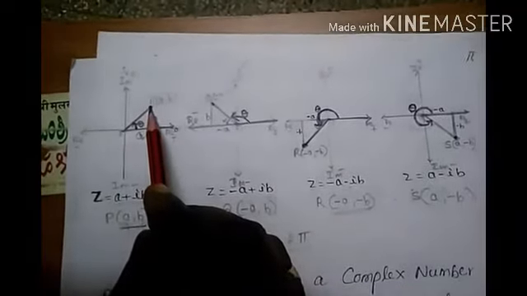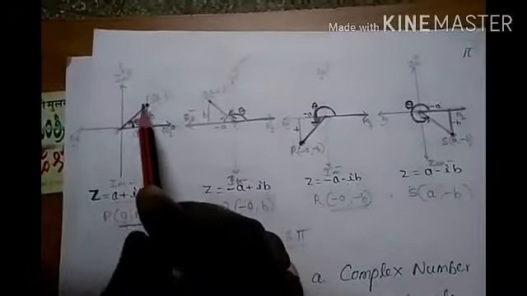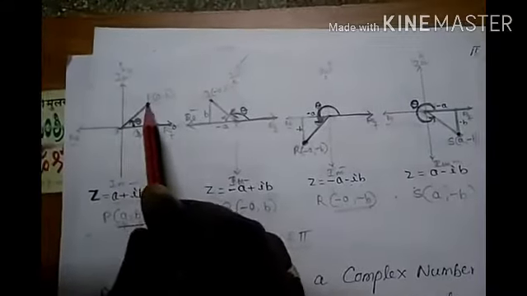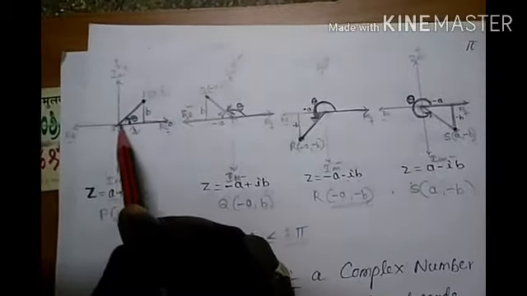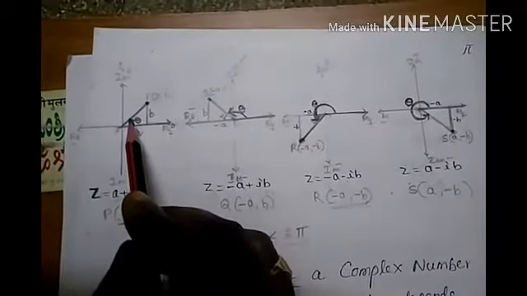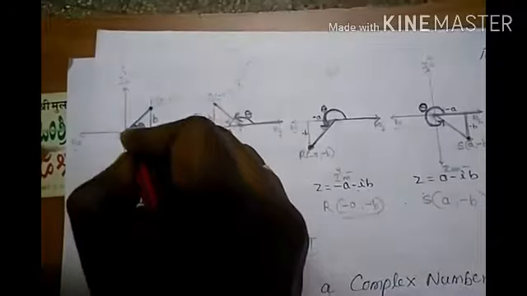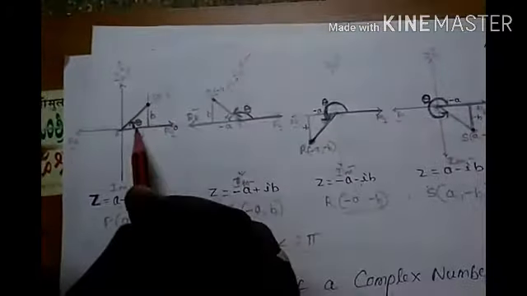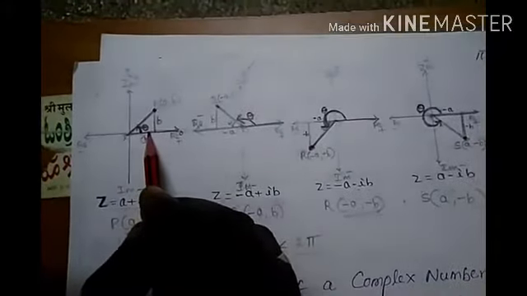Join OP. The angle made by this line OP with the positive real axis in anti-clockwise direction is called the argument theta.